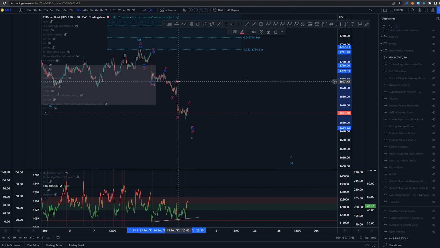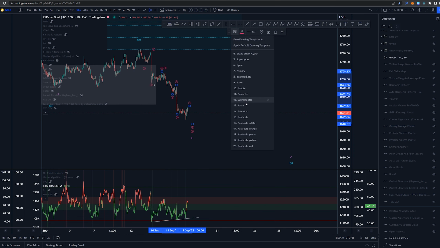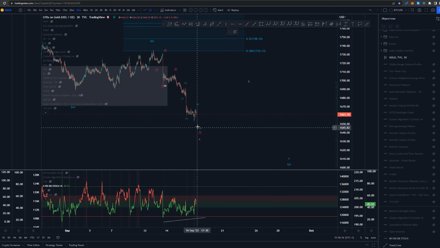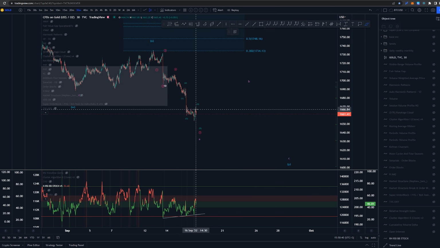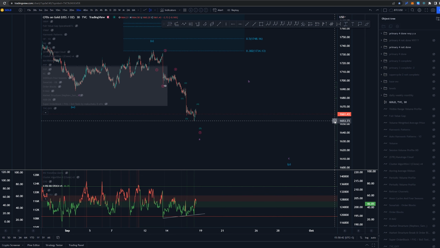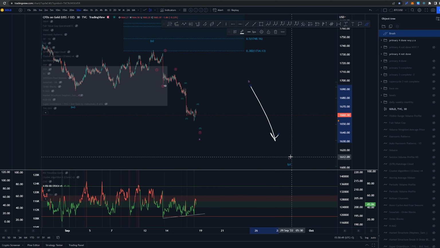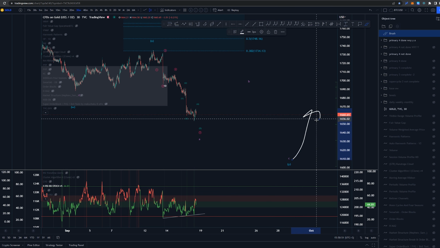Again, these are smaller degrees, so let me fix those. There we go. So we would be expecting some kind of divergence to happen and one more low here. So I'm adding an alert here and looking for long setups higher to get into this B wave before it drops to the C wave and then continuation up.